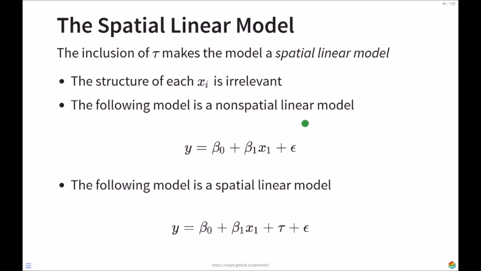The following model is a non-spatial linear model because it doesn't have that tau spatial random error that implies spatial covariance in y. So whether or not x1 is spatially structured, could be temperature, could be precip, this model is not a spatial linear model. The second model, however, is a spatial linear model because of the inclusion of this tau term.